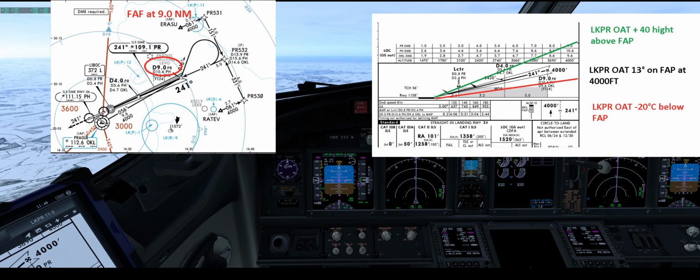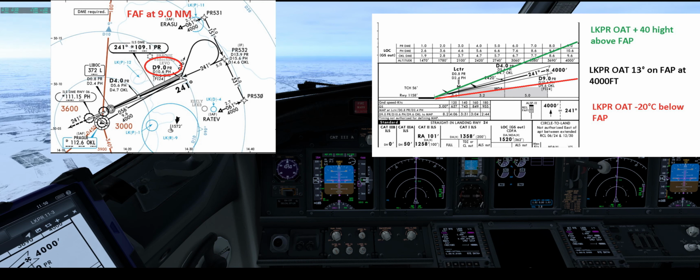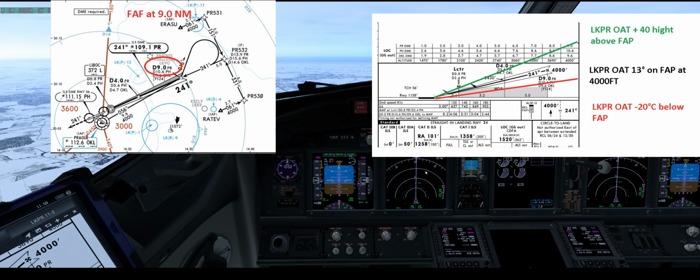So basically that's it. Now I have currently in Prague put manually minus 20 degrees centigrade, and yeah, we'll see how it looks. Okay, so let's say like this one.